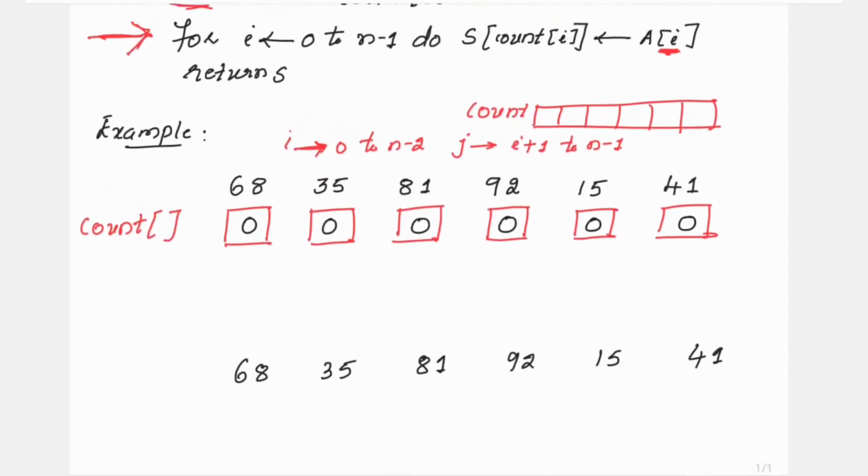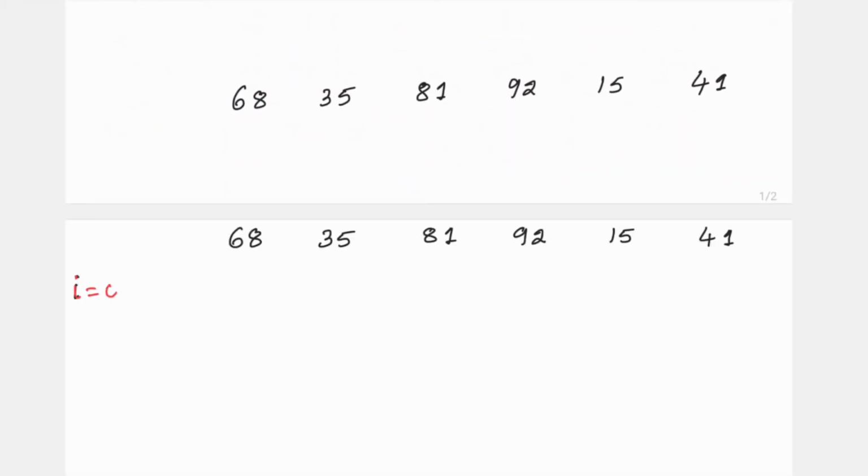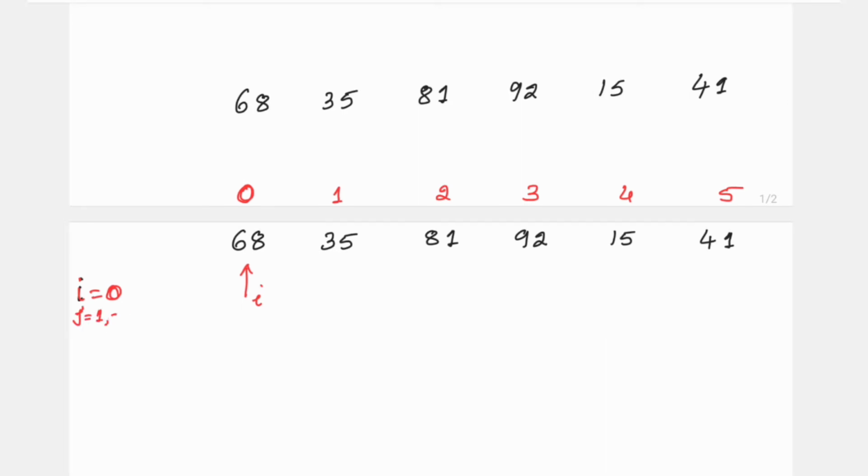We start with the very first iteration, or the first pass. Initially i equal to 0, so i is pointing to the first element. I'll place the index values here for each of these. j will operate from i plus 1, so 0 plus 1 is 1, and j will be 1, 2, 3, 4 and 5.